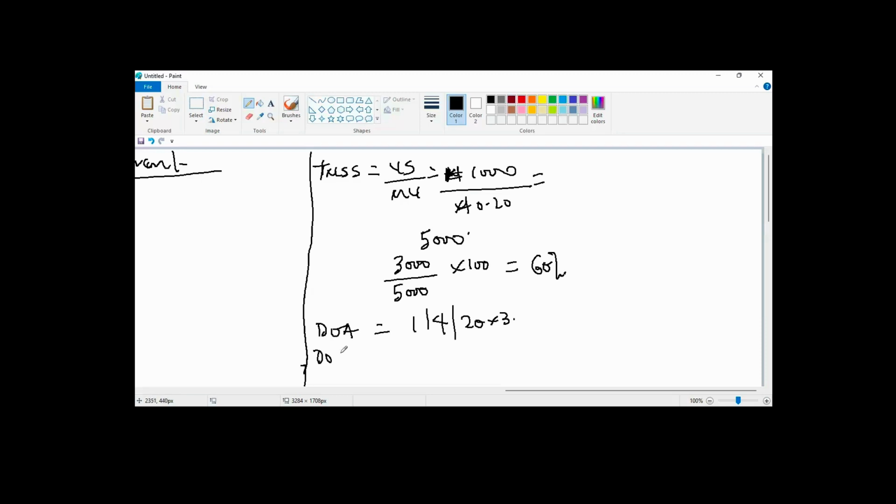When are we consolidating? 31st December 2003. Oh, this is not up to a year. How many months from 1st April to 31st December? 9 months. So I have to consolidate 9 months.